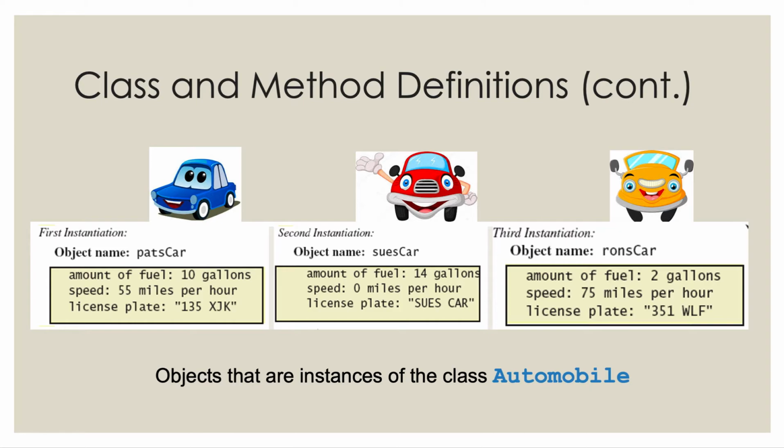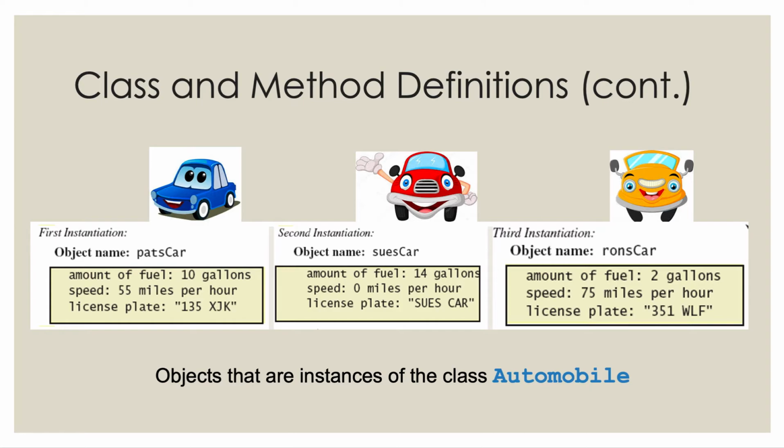As you see, the first one has the object name Pat's car, the amount of fuel is 10 gallons, speed is 55 miles per hour, and license plate is 135XJK.